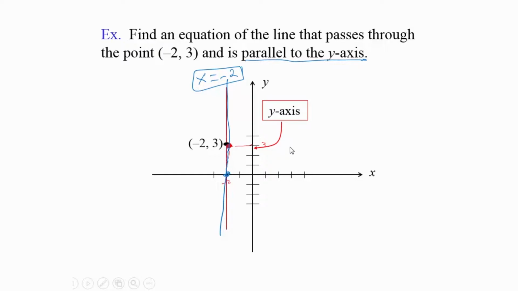Okay. They have a much straighter line than I did. So it's a vertical line. x equals minus 2. There it is. Got the same thing.